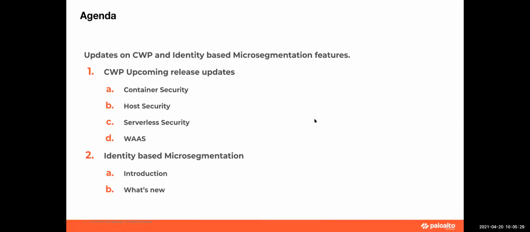We're going to break the area into a few main sections, majorly on cloud workload protection and identity, and then further break it down into functional areas of utilization by workload for cloud workload protection, by container, host, serverless, and WAS, and talk about these areas.